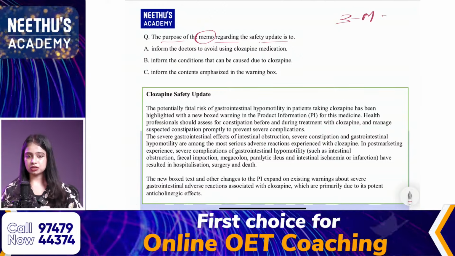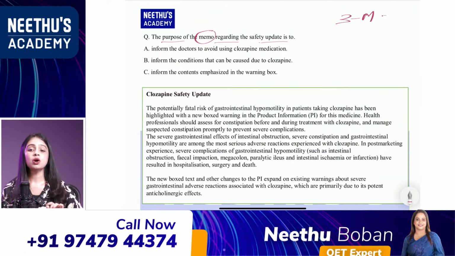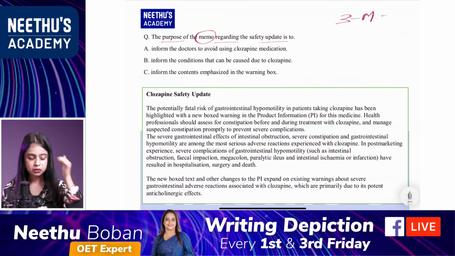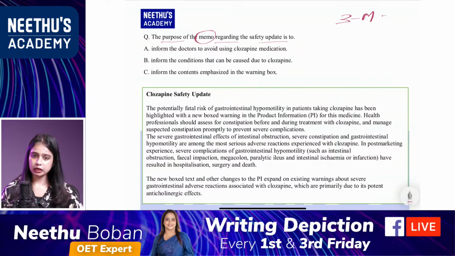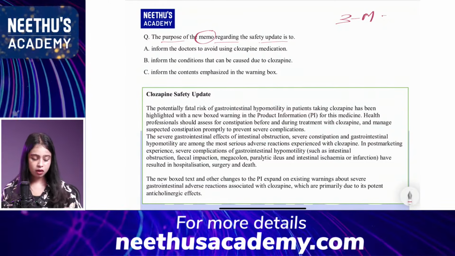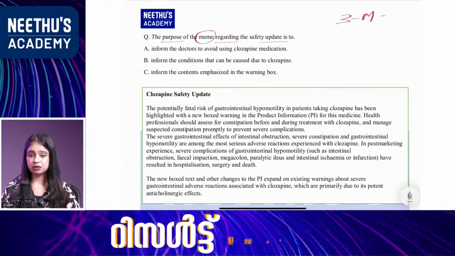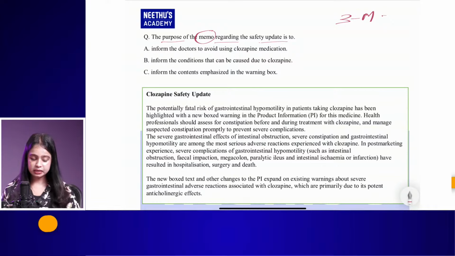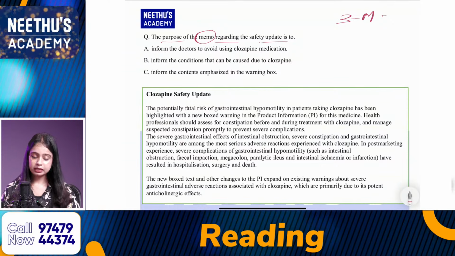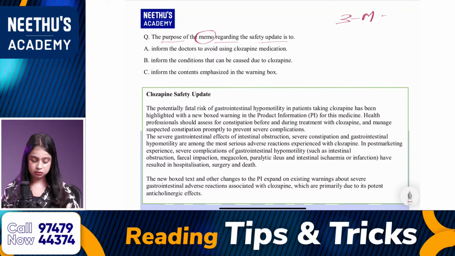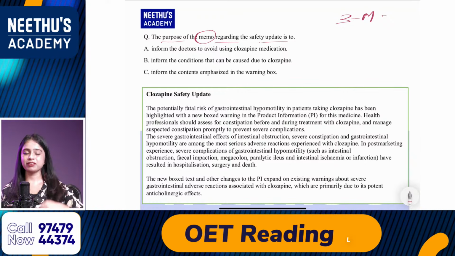My next question is that if it is in the third category, then what are you reading for in that category? If it is a memo, then what are you reading for? Very good, Reba.